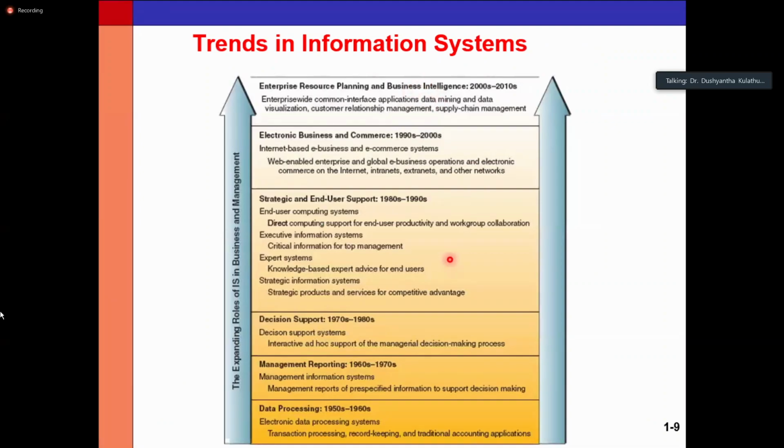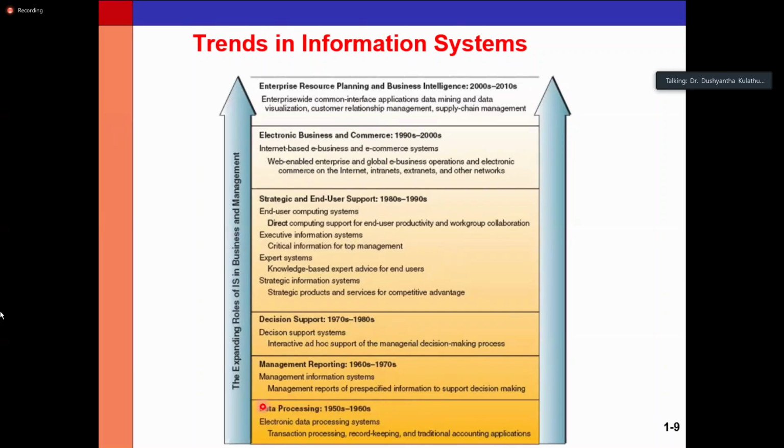Now, this one elaborates the trends in information systems, so how information systems have evolved over the past several decades, starting with the 1950s and 60s, where the first generation of computers were utilized by organizations for their commercial purposes.